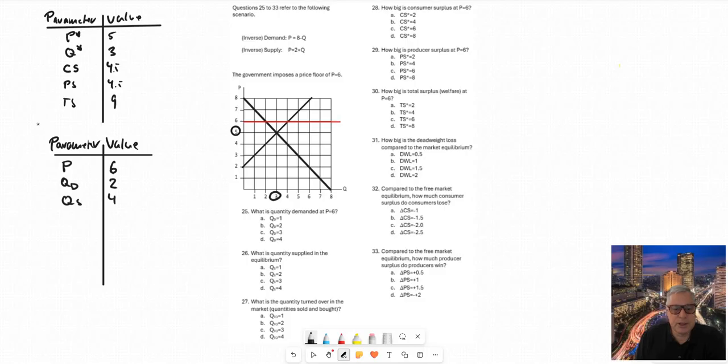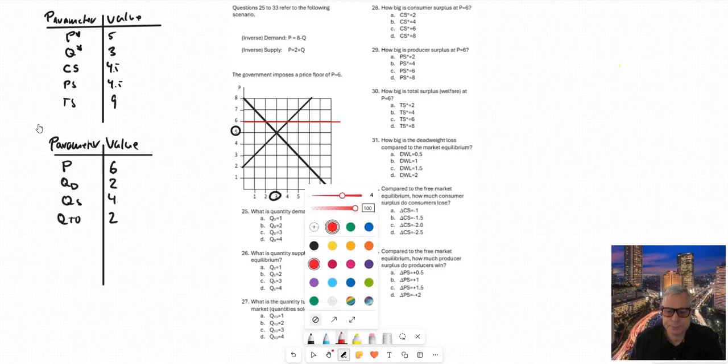But even if, let's say, the producers put 6 units into the shelves of the stores, but only 2 are being picked up, the quantity turned over is only 2. So now how big is consumer surplus? Consumer surplus is now only this little triangle here.